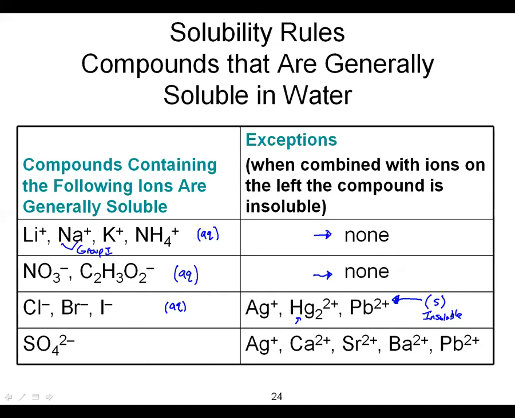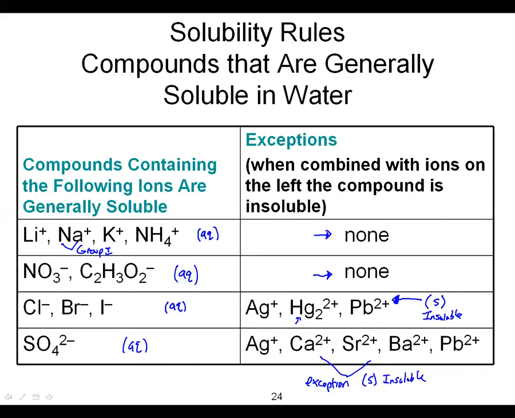Sulfates are also soluble, which means if you see sulfate, you should give it an aqueous symbol. But again, there are some exceptions. If any one of these exceptions is connected to sulfate, it will go from aqueous to insoluble and get the solid symbol.